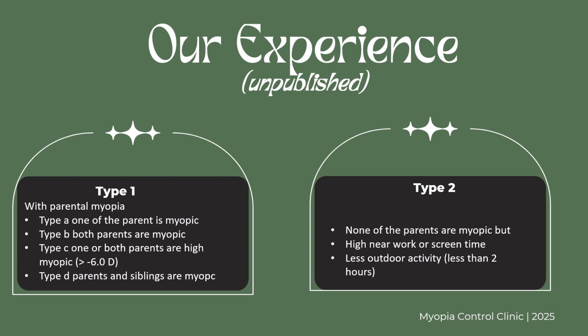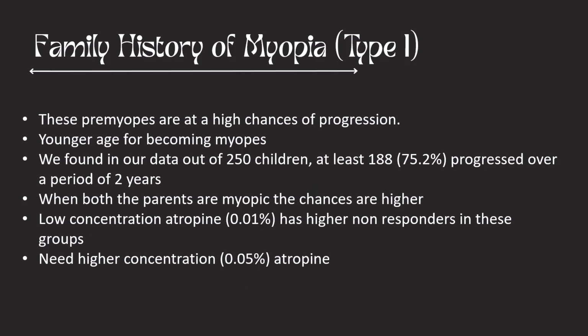Whereas type 2 is straightforward, none of the parents are myopic, but there is high near work or screen time and less outdoor activity.